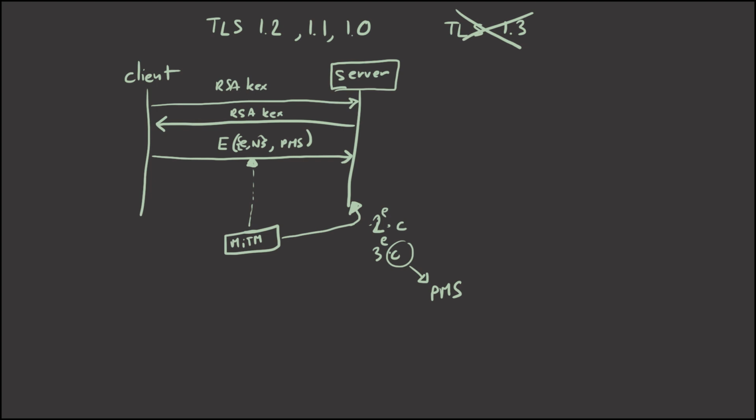Actively man in the middle is more interesting here because the client might support different schemes, and usually they would support something like Diffie-Hellman or elliptic curve Diffie-Hellman, and the server would usually prefer these algorithms compared to RSA for different reasons, and I won't talk about that here.